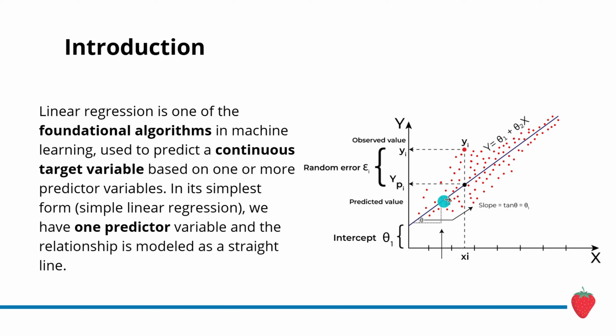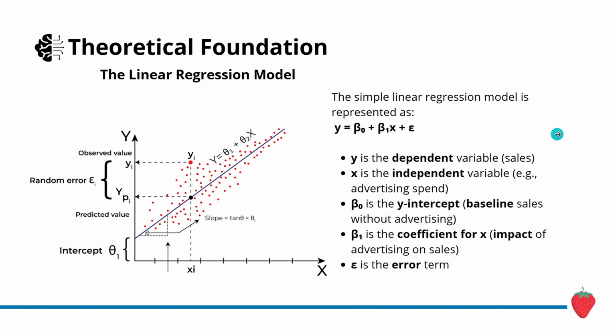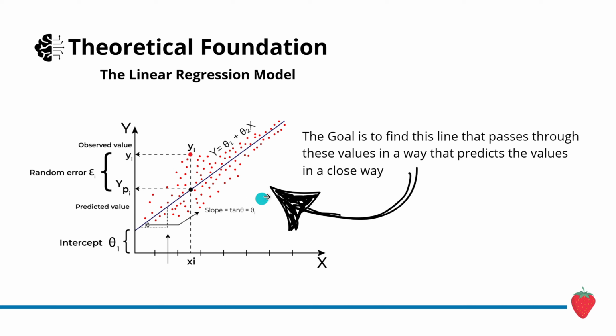The whole logic behind this is to find the line that passes through these values. Next time, if I want to predict something, I just need x, for example, and then I can project it to this line. Let's say I'm projecting something like this, and it goes all the way up to this, and it's going to be here. So it's all about finding this line, but the question is how to find it.